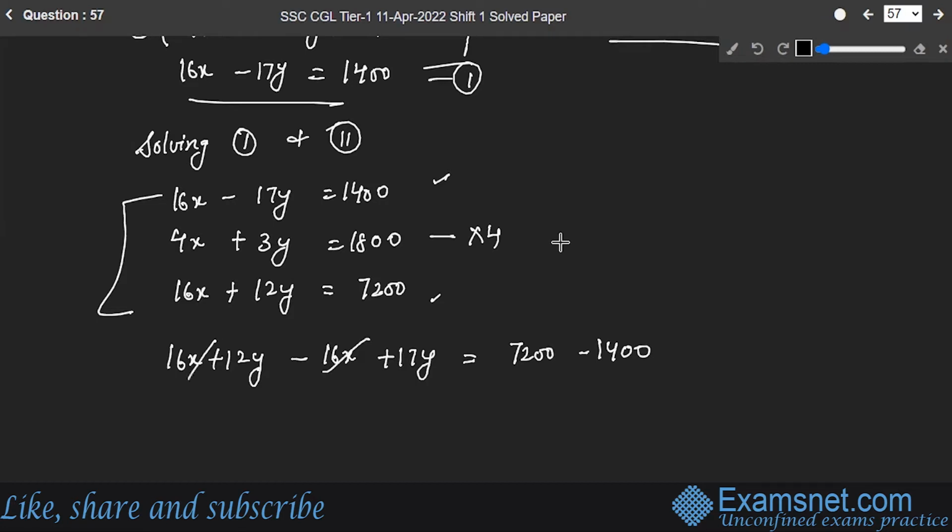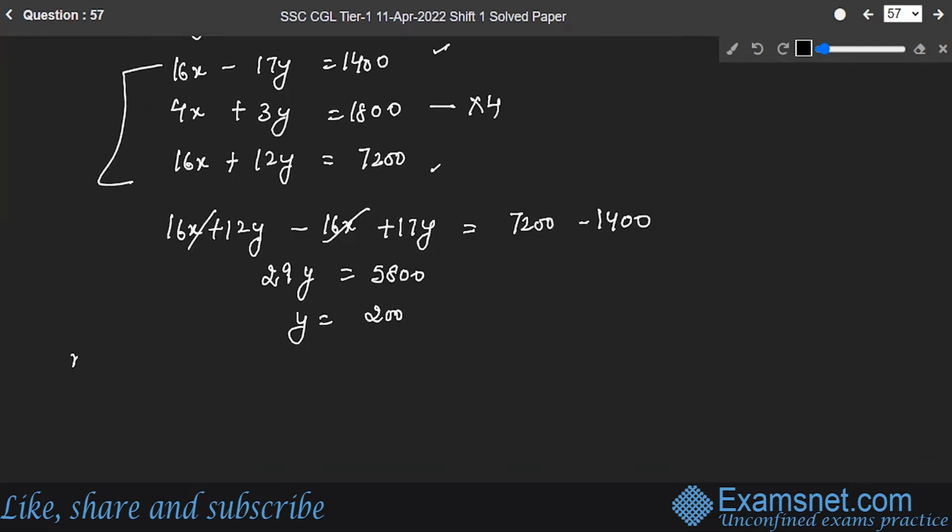So they will cancel and I will have 29y is equal to 5800, or y is equal to 5800 upon 29, that is equal to 200. So the number of girls who appeared is equal to 200.